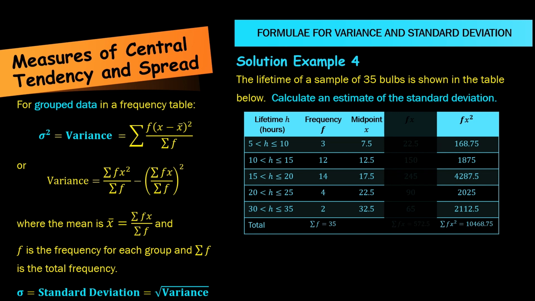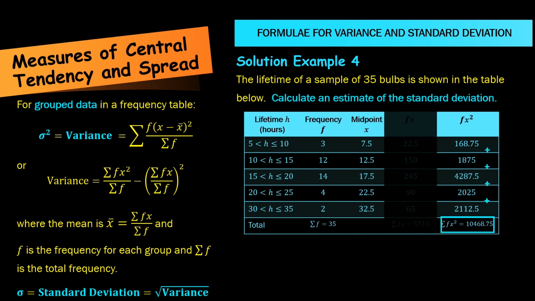And now for fx squared, similarly, each f multiplied by the corresponding midpoint squared. So here's fx squared for the first interval, and for the second interval, the third interval, the fourth interval, and for the final interval.